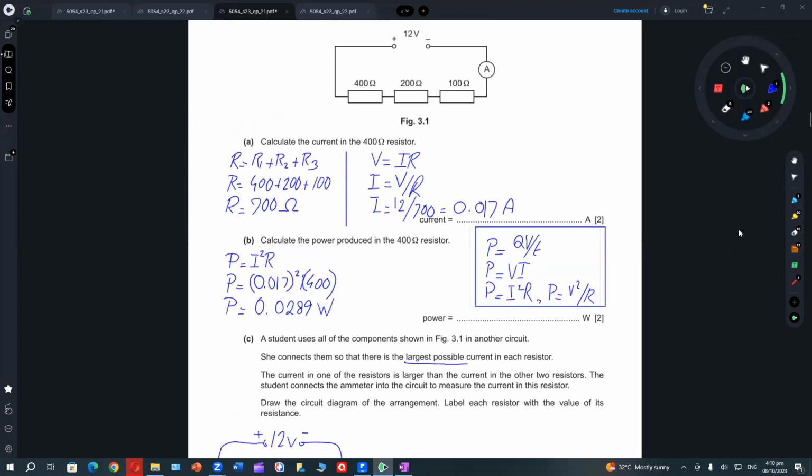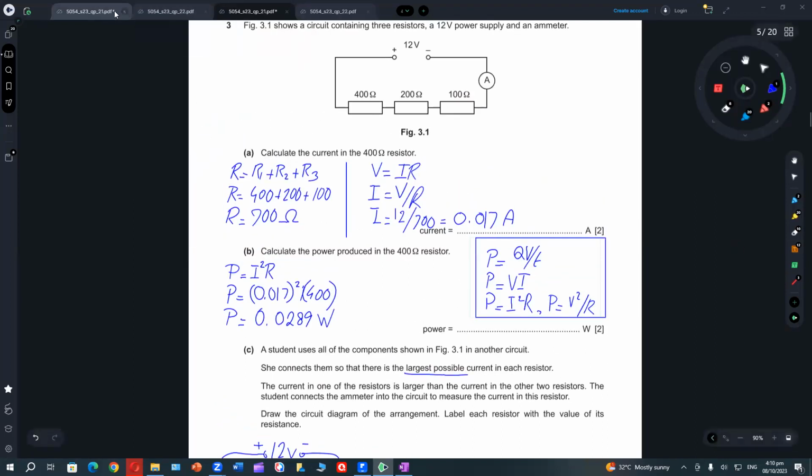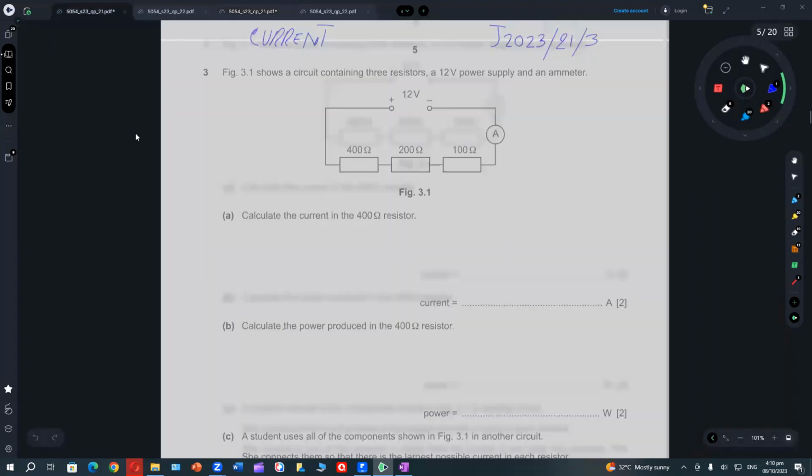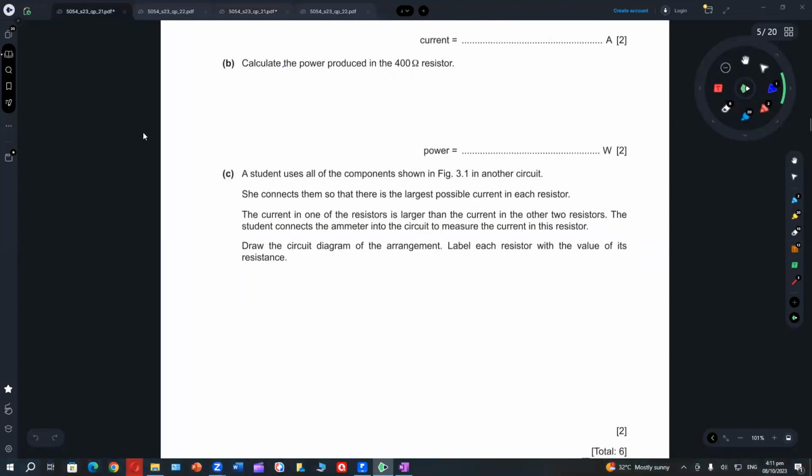Now read the question, remaining question. I have posted this paper on the group because these are the new papers. A student uses all of the components shown in the figure in another circuit. She connects them so that there is the largest possible current in each resistor.